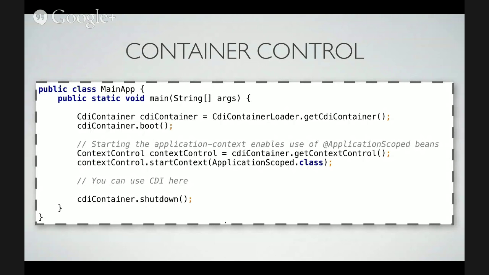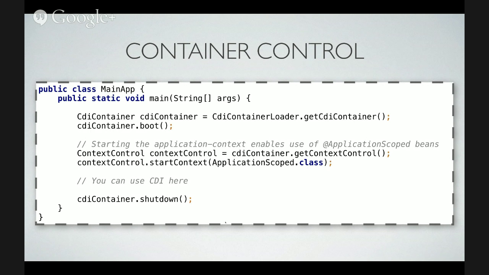If you look at the code example, you see that we can decide to start contexts or not in the container we just booted. So there are a lot of nice things you can do using this container control module and API. So I encourage you to go check all the documentation around that.